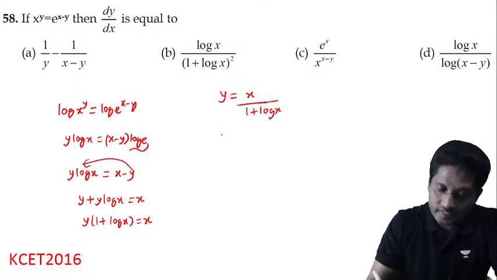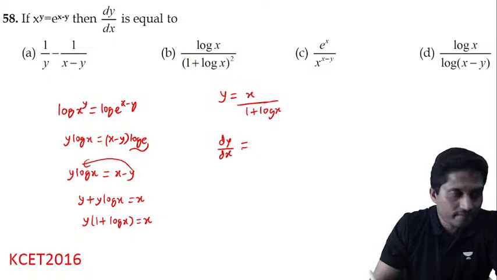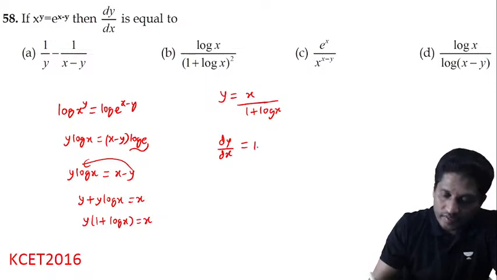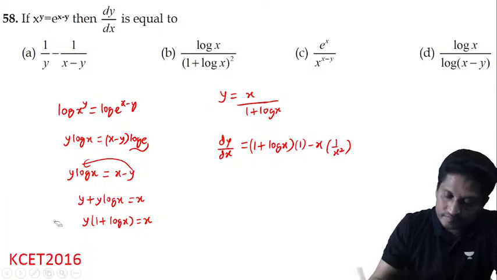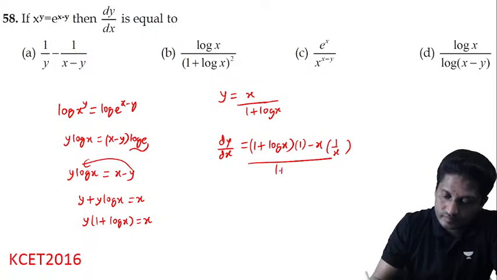Now if I differentiate, dy by dx is equal to v into u dash minus u into v dash divided by v square. 1 plus log x the whole square will cancel.